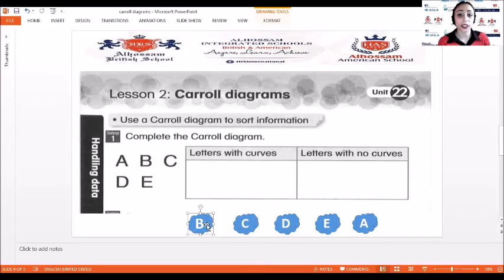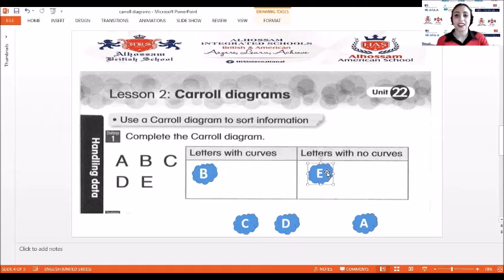So I will take letter B and put it under letters with curves because it has two curves. Let's check letter E. It has straight lines. There are no curves in it, so I would put it under letters with no curves.